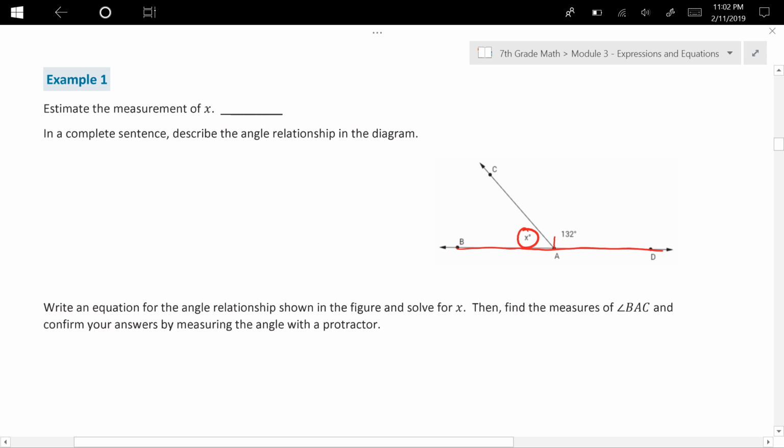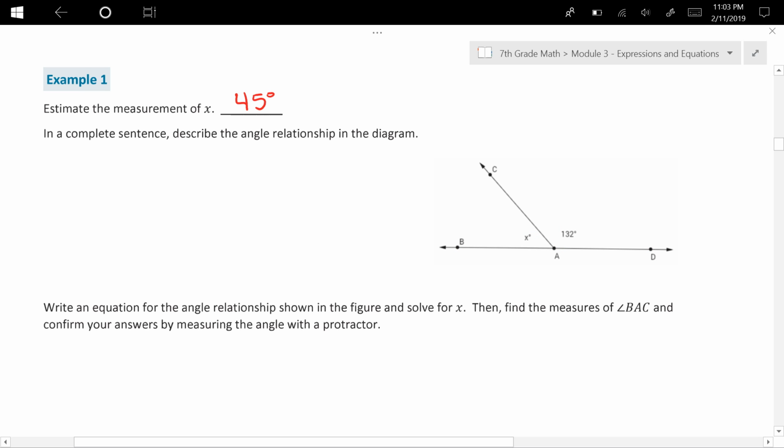And if I drew a line here straight up, I know that's not perfect, and I put that little box, that box would tell me that that's 90 degrees. And that line almost looks like it's halfway in between there. So I would say half of 90 is 45. So I'm going to guesstimate 45 degrees.